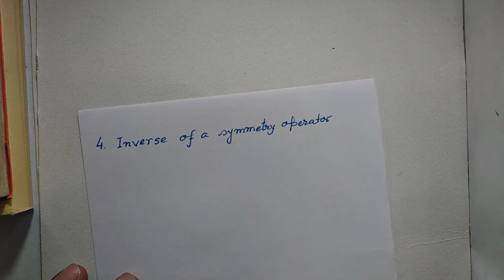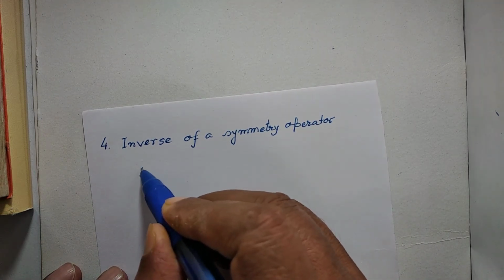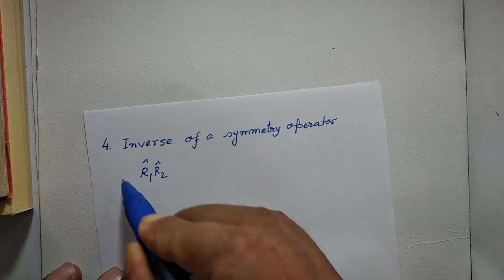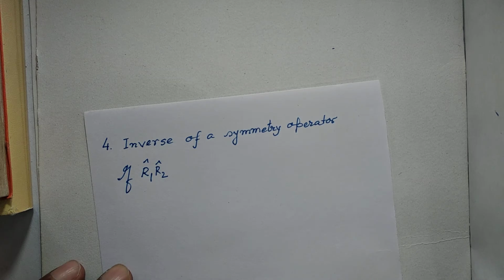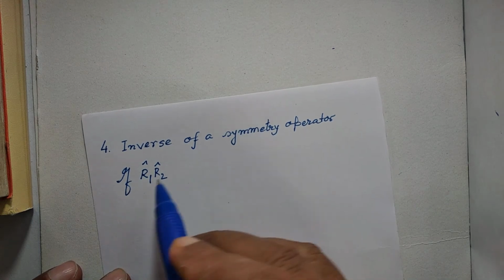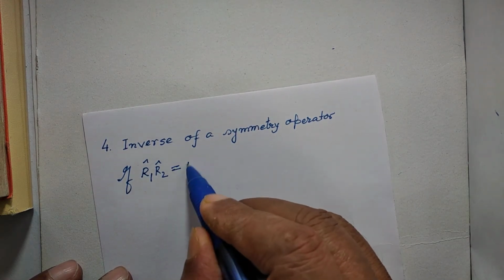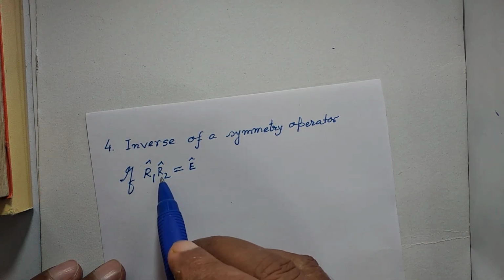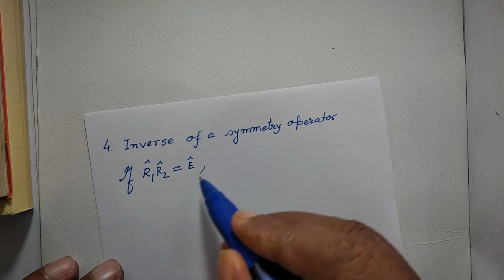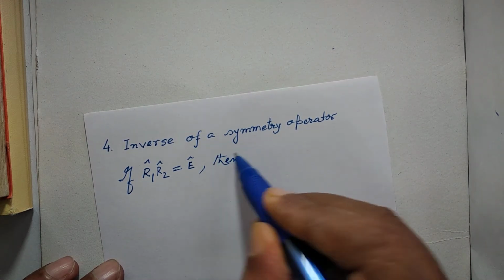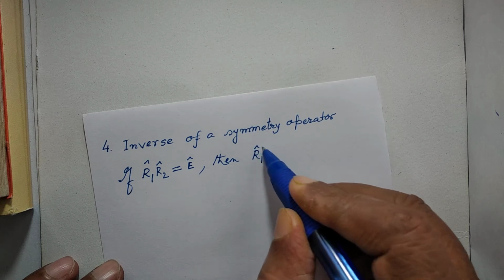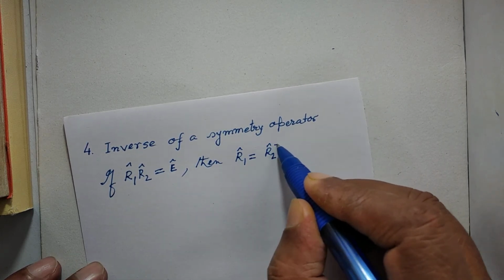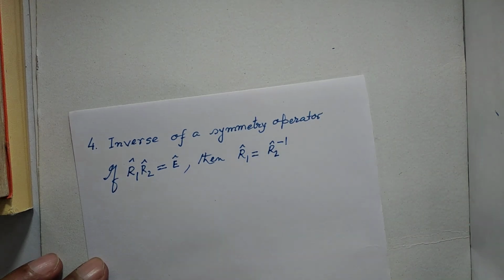If R1 and R2 are two operators such that R1 R2 is identity, the two operators carried out successively produce identity, then R1 is called the inverse operator of R2.